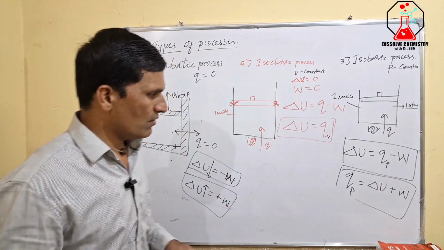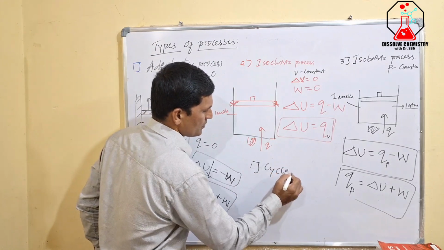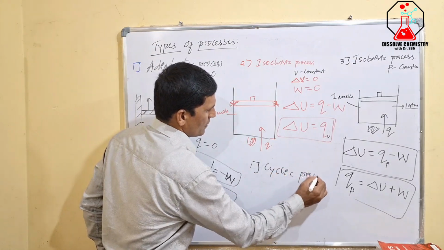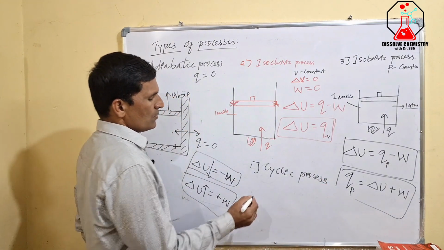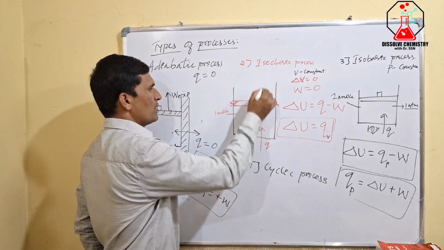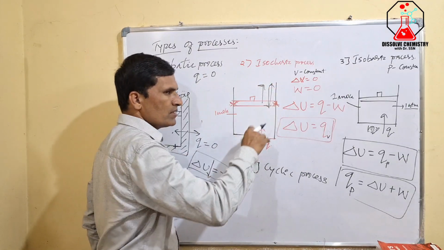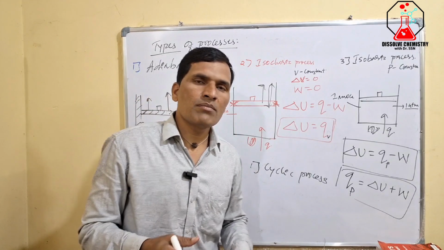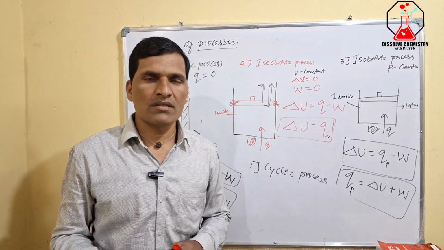Last one, another process, we call it the cyclic process. Any process it may be. For example, I am expanding the gas, again I am compressing, and expanding, meaning in multiple steps I am changing the system or doing the process.